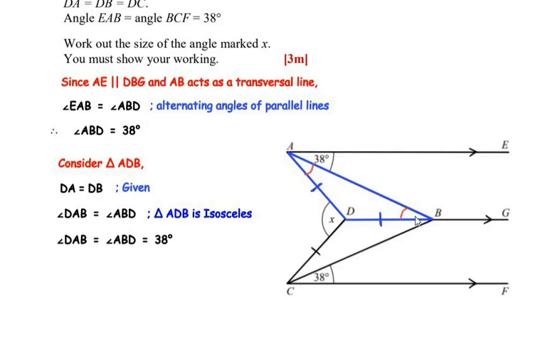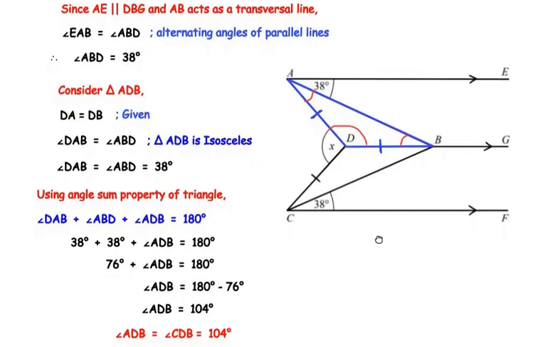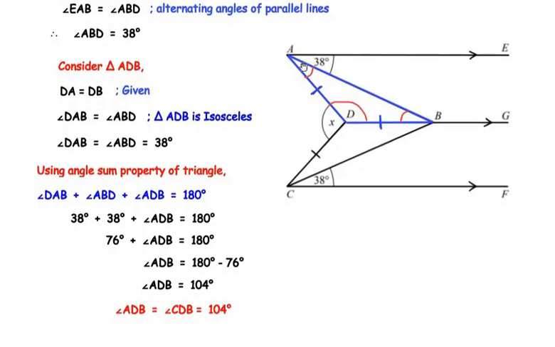Now once we have got these two angles of the triangle, let us find out angle D in this triangle by using the angle sum property of the triangle. So here we have written, using the angle sum property of triangle, angle DAB plus angle ABD plus angle ADB is equal to 180.